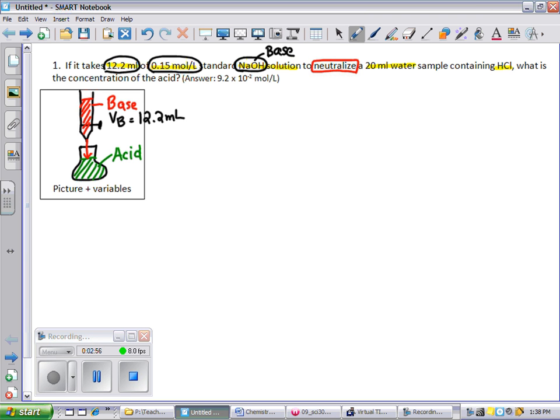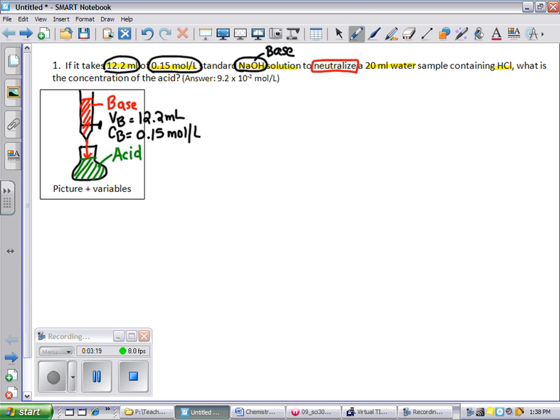And it says 0.15 mole per liter standard NaOH solution in the question, so we also know that the concentration of the base is 0.15 mole per liter, and we'll call that Cb. It's really important to read carefully to make sure that it's actually the concentration of the base and not just worded differently and was the concentration of the acid.